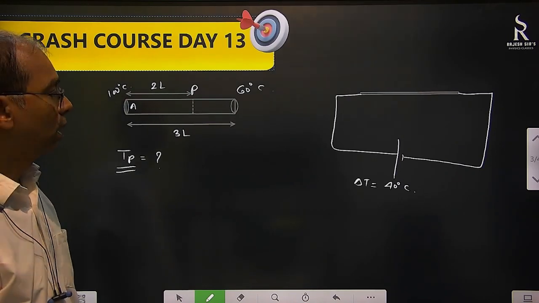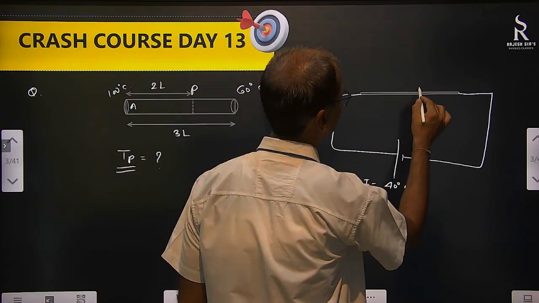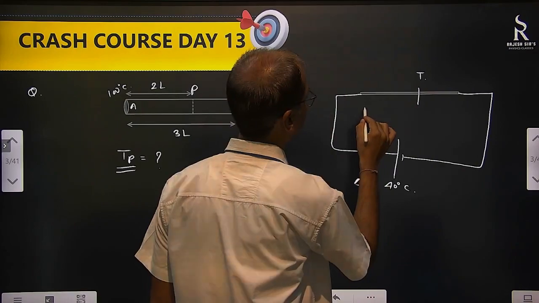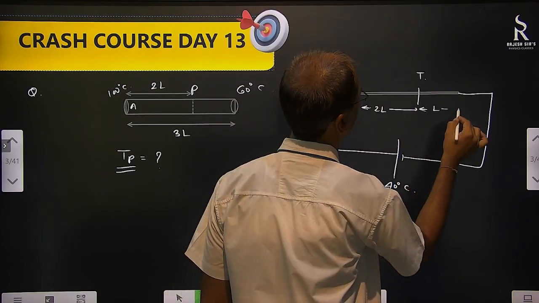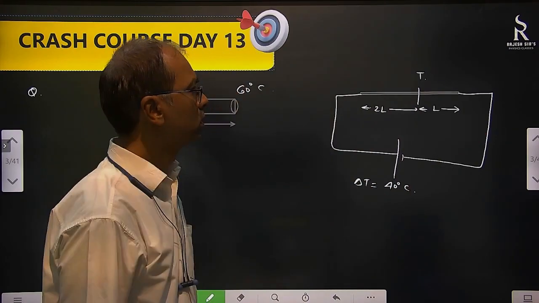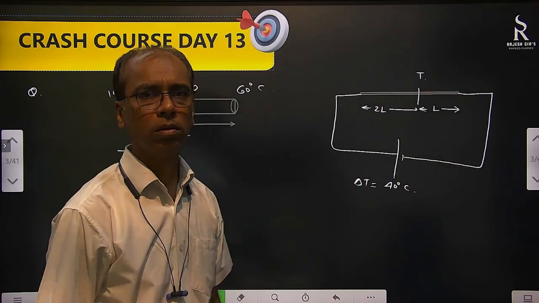Now what is he asking? He's asking the temperature somewhere here. What is the temperature here? This is given to you as 2L and this is given to you as L. Now what we know is that in this entire wire, the same current will go.